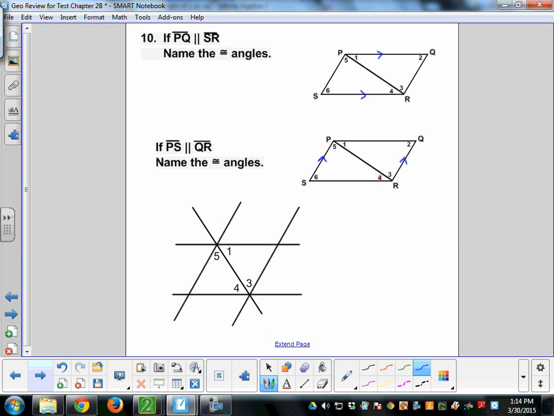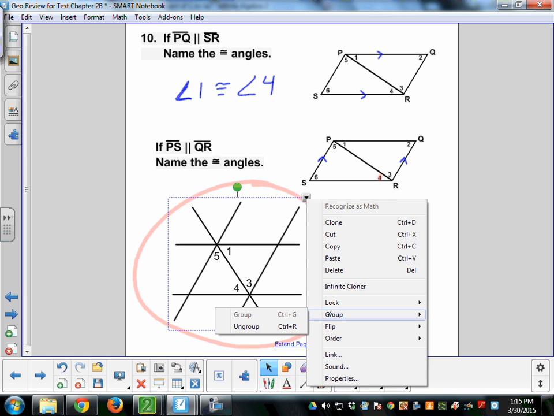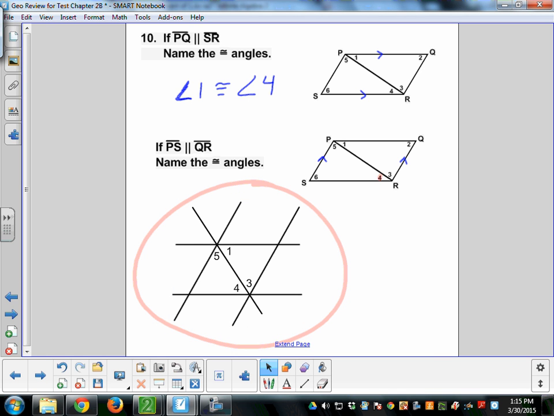Okay, this one here, I looked back in section 2.8 if you have a question about this, but it's just angle 1. We know for certain that angle 1 is congruent to angle 4. The reason being is if we look at the diagram below here, if the only thing that we know in the first situation is that these two are parallel, what happens if these are not parallel?